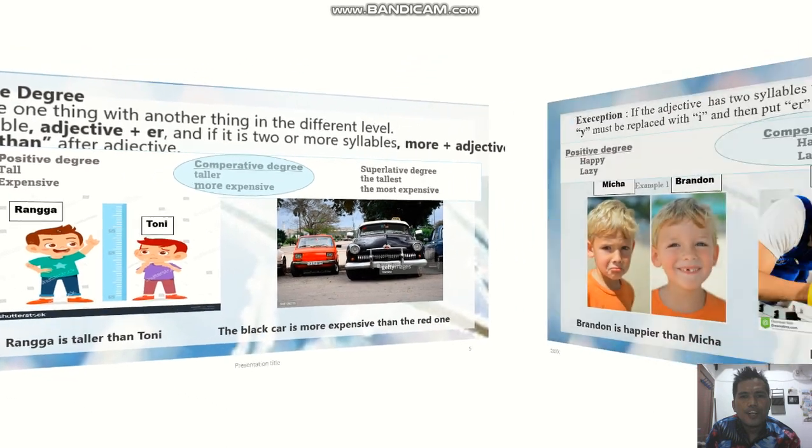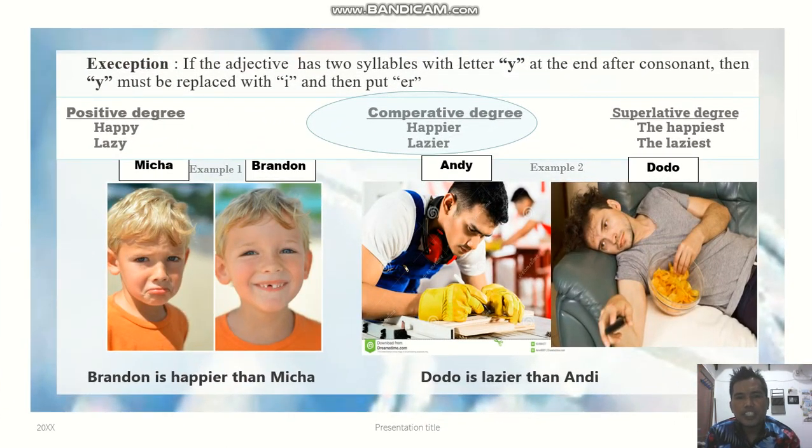Okay, on comparative degree, we can find an exception. If the adjective has two syllables with the letter Y at the end after a consonant, then Y must be replaced with I and then you put er. This is the example, the adjective happy with the letter Y at the end after a consonant.